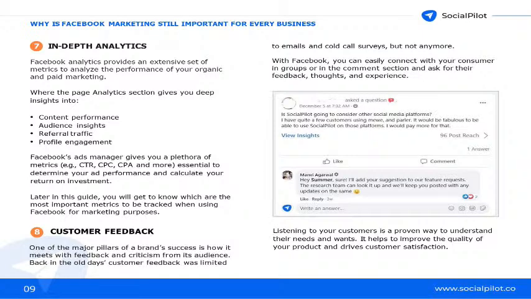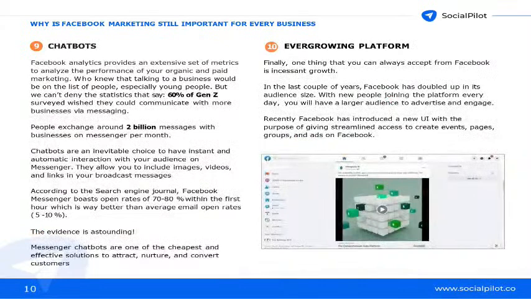Then the seventh one is in-depth analytics. Then the eighth one is customer feedback. Then you can also use chatbots on Facebook. Chatbot means that if anybody is sending you a message, there's always an auto response.